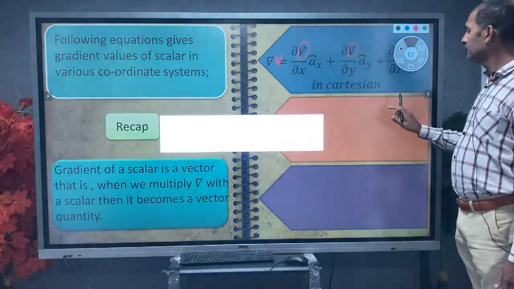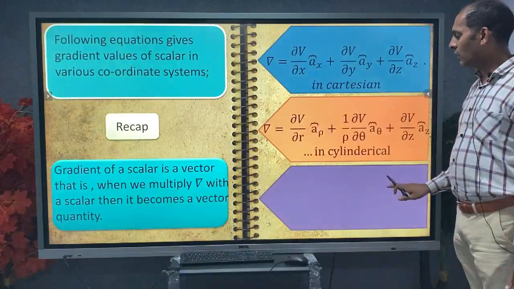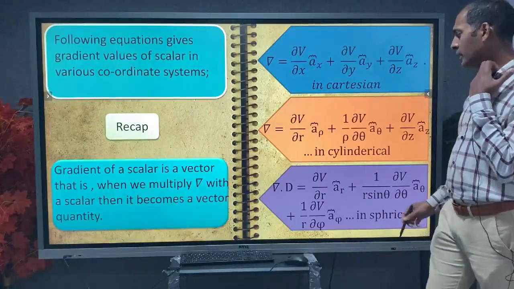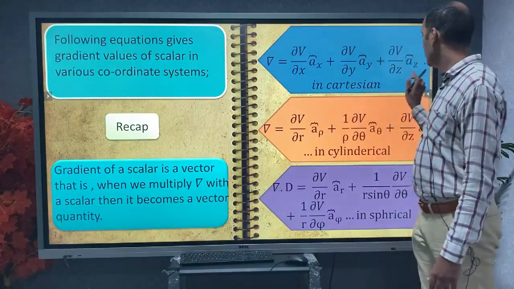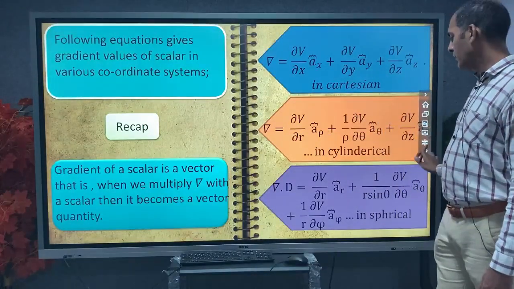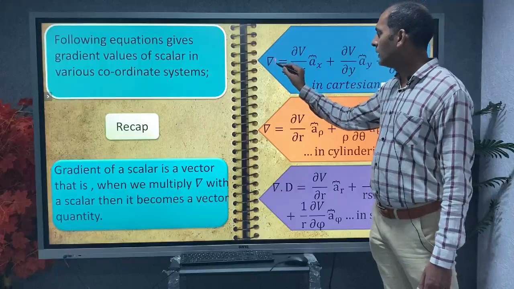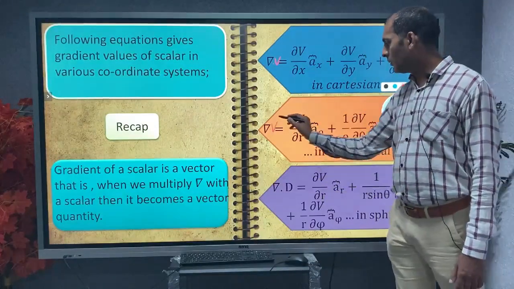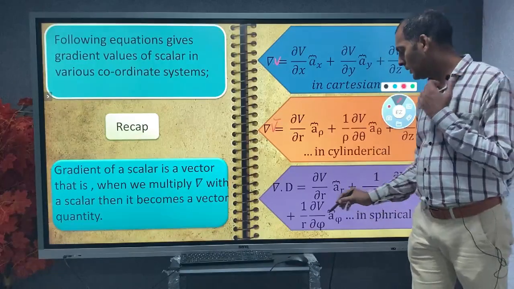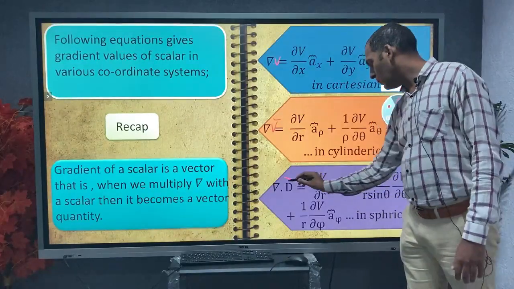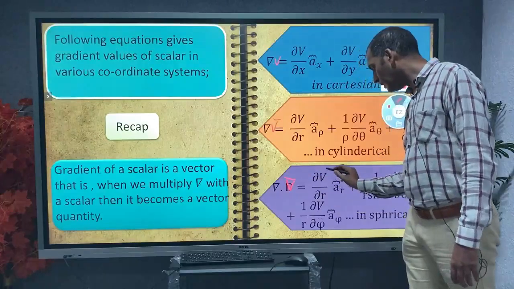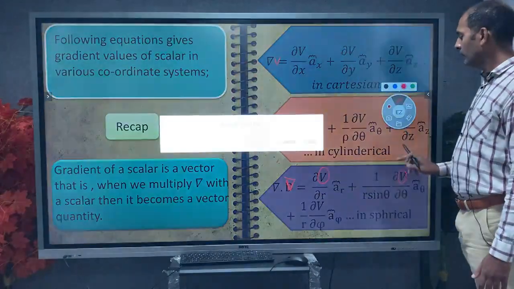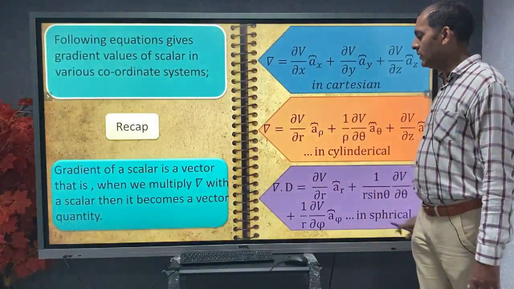Then the next one is for cylindrical and the third one is for spherical. In the cylindrical coordinate system, here also we have to multiply it with V. Here we write del V, here also del V, but this time it will be a vector, and here del V if the right side we are using voltage. So these are 3 forms.